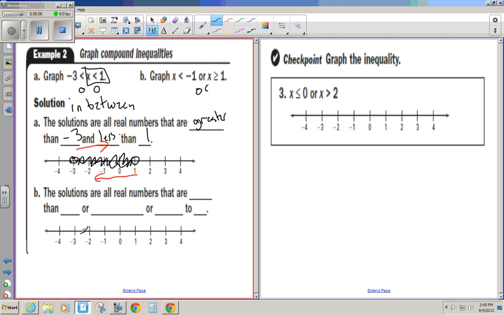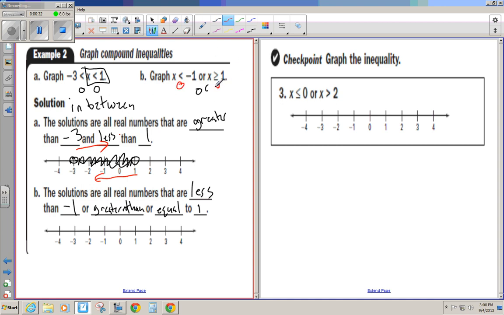Let's see if I can do this right. So the solutions are all real numbers that are blank than. Looking here, x is less than negative 1 or greater than or equal to 1. Right here, open dot.